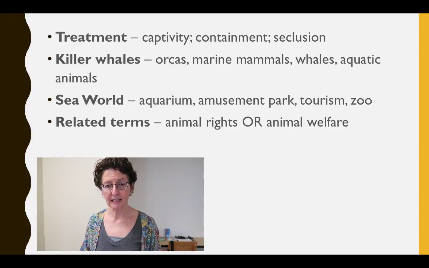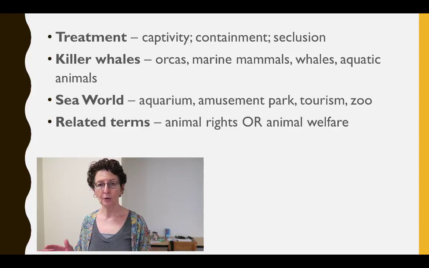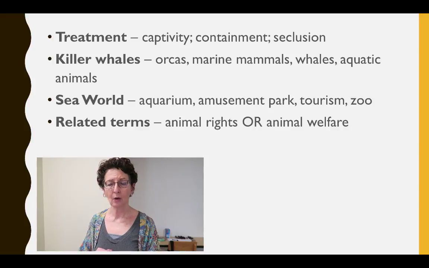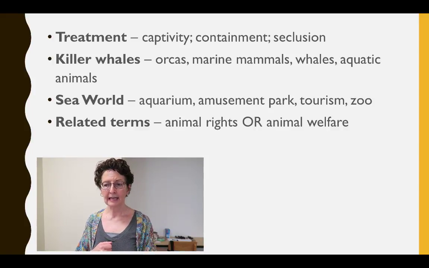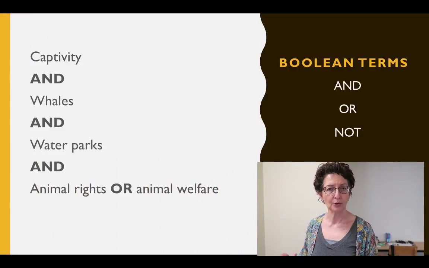So let's see what this looks like when we put it together as a search string. So remember, on the right hand side I've listed the Boolean terms. They are AND, OR, and NOT. And on the left hand side of the screen, the keywords are listed there, and this is where I'm starting. You could pick any of those synonyms that we identified for treatment, but I've chosen captivity.